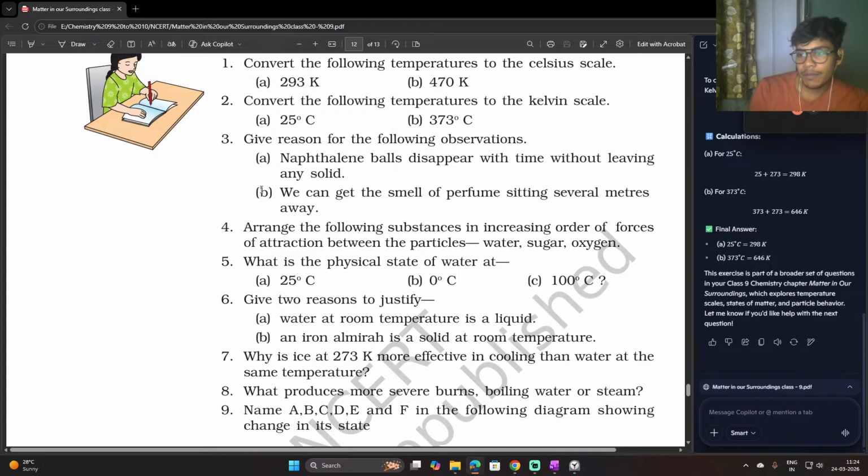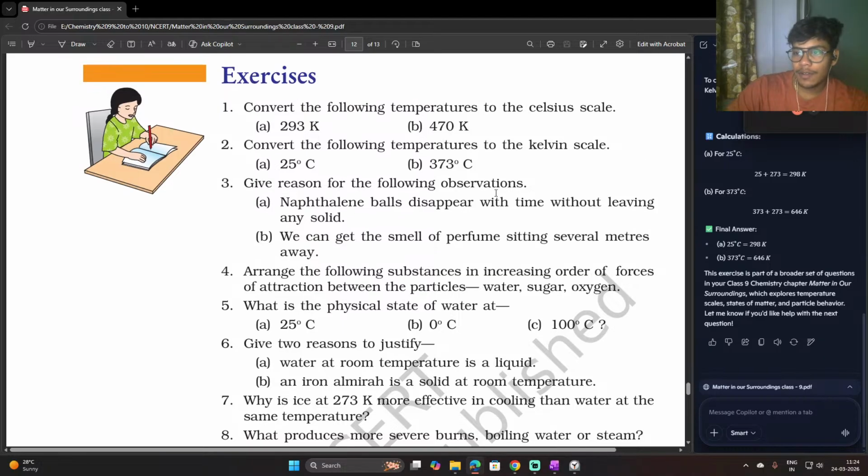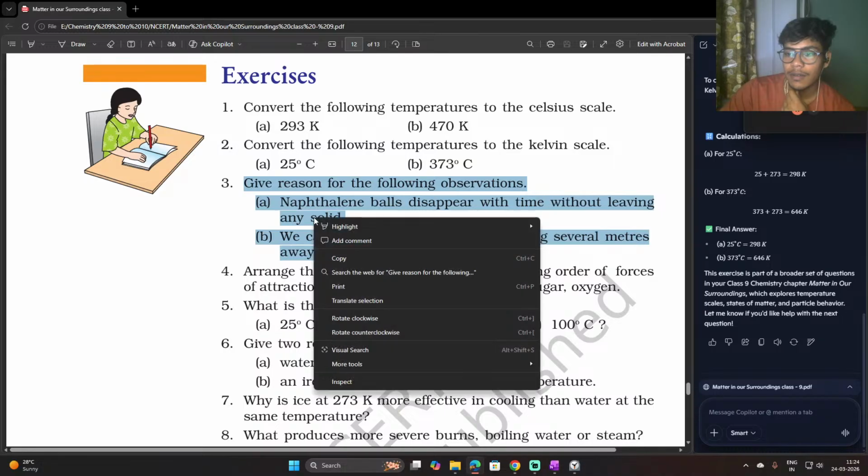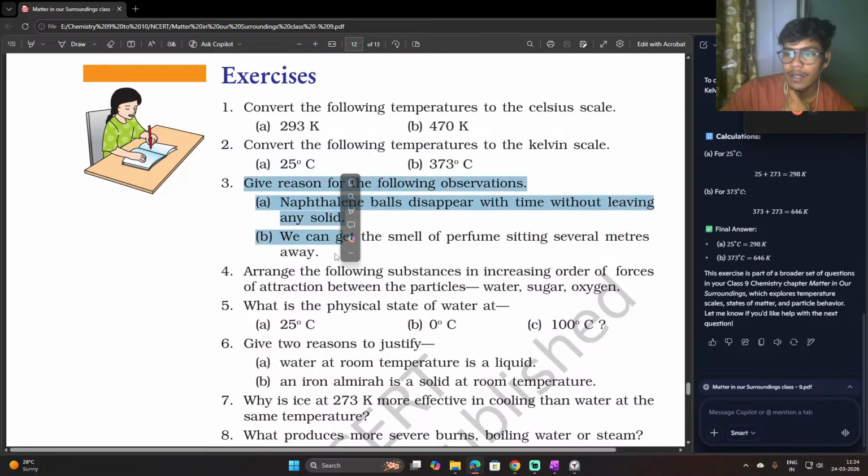We can get the smell of perfume sitting several meters away. So what happens here? I need the answers for these questions also.